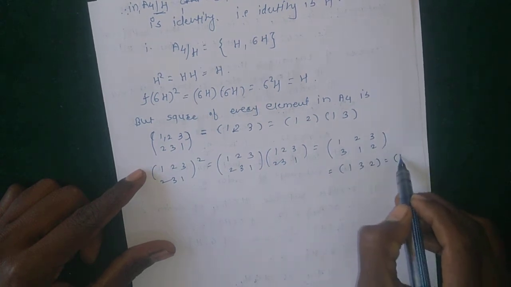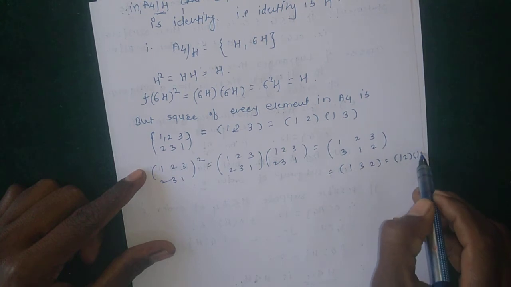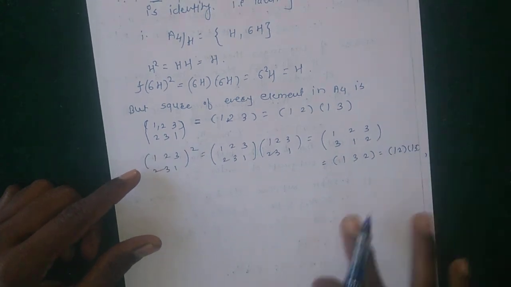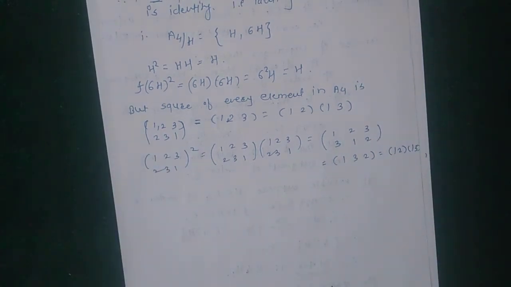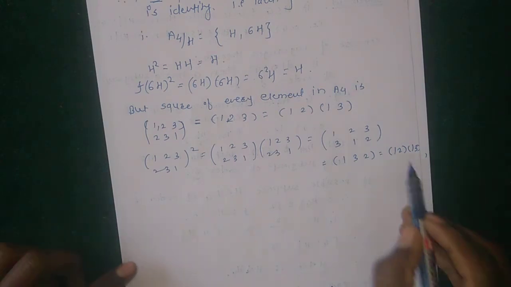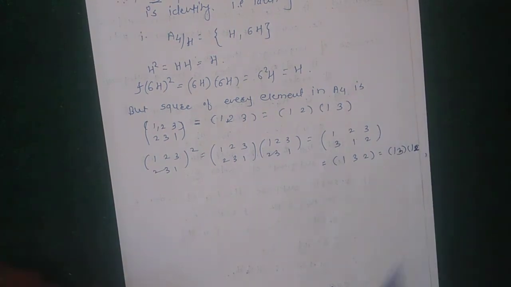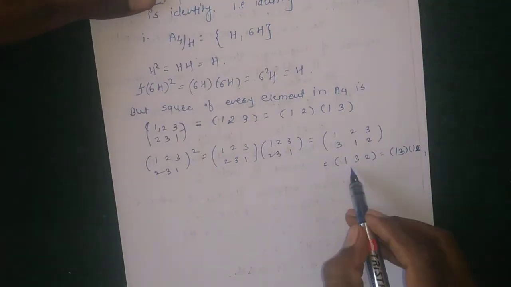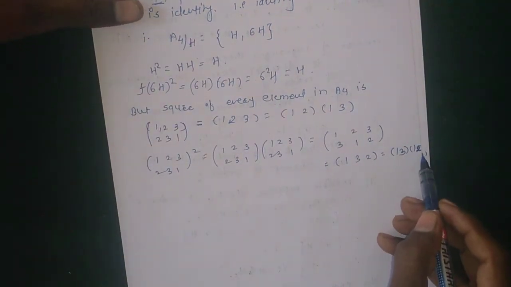This is written in the form of (1 3) and (1 2), therefore (1 3 2) equals (1 3)(1 2).